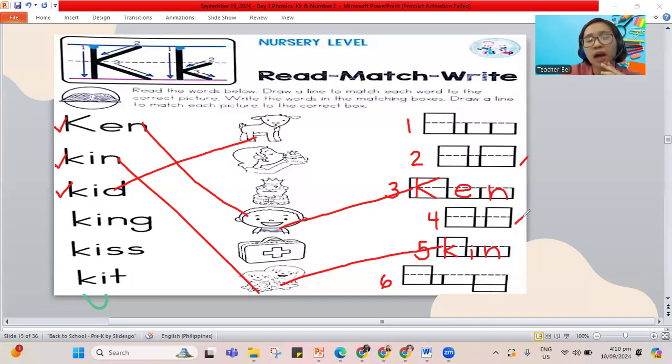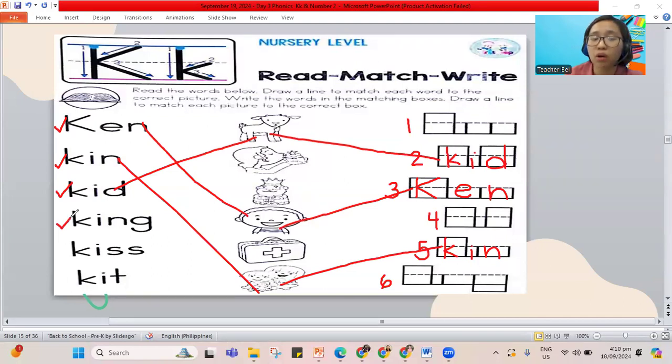Let's check. I think it should really go in 2 because number 4, this box at the end, is still too small. So we'll have to go in number 2. So let's spell it out. K, I, and letter D. That should be for our kid. This is the box for kid. Let's go and do this word.